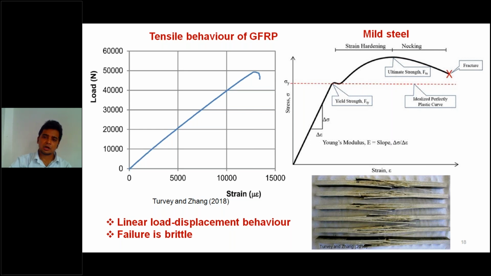However, in case of mild steel, in this stress strain curve, we can see that after the yield strength, it goes for certain elongation. This is called ductility. But in case of GFRP or CFRP, we don't get this kind of behavior. So it would be very misleading to say there is some yield strength in GFRP. We always say ultimate strength of GFRP or CFRP.